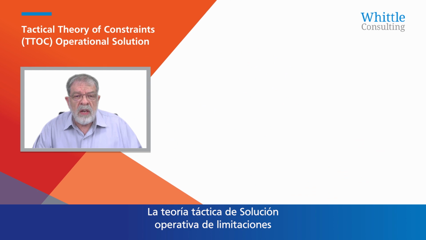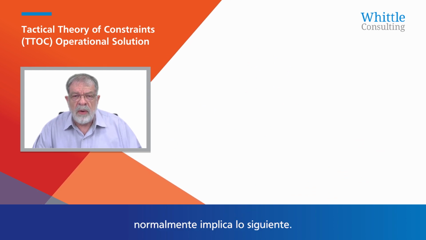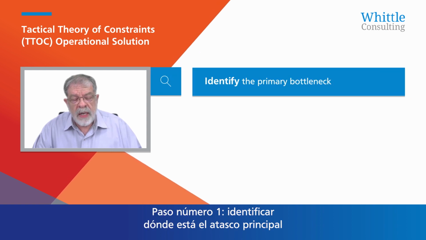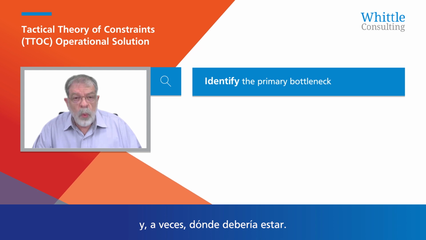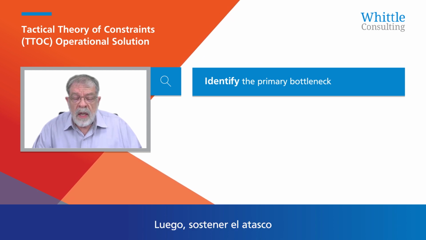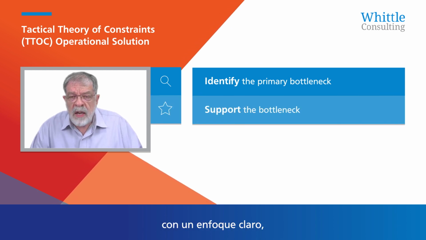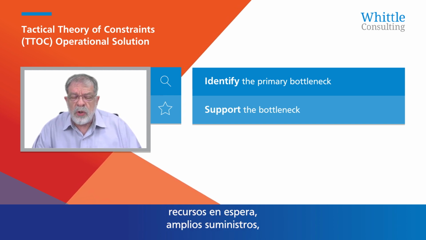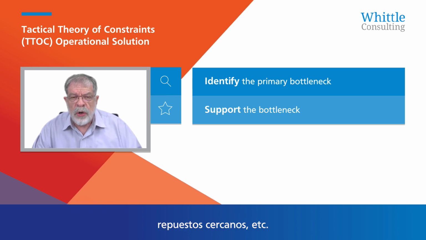The tactical theory of constraints operational solution typically involves the following. Step number 1, identify where the primary bottleneck is, and then sometimes where it should be. Then to support the bottleneck with a clear focus, full preventive maintenance, standby resources, ample supplies, nearby spares, and so on.